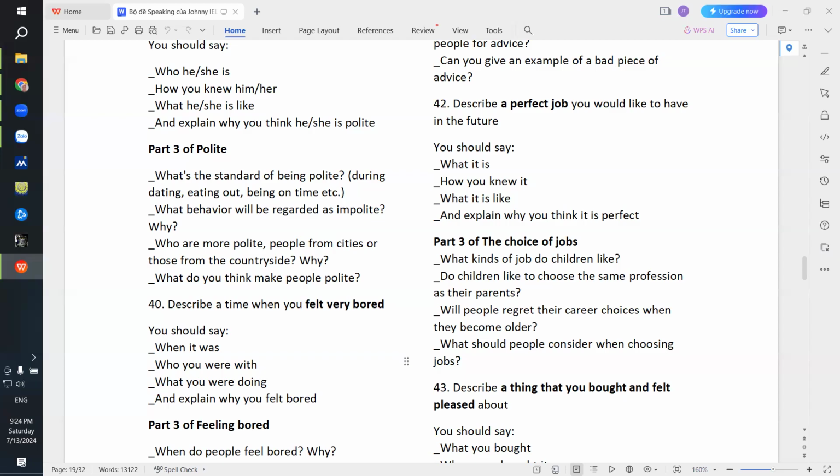Okay, so what do you think, Joe? What should people consider when choosing jobs then? There are a lot of aspects which a person should consider when choosing a job. First of all, I believe that the career prospects are really important when making a decision for a specific job.